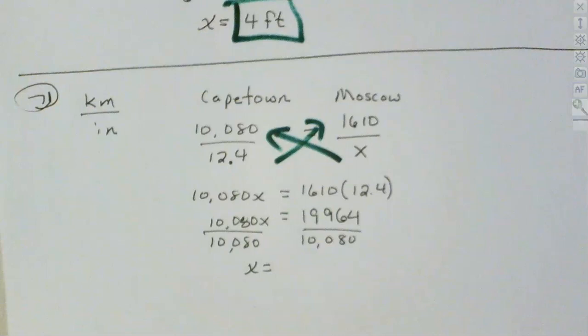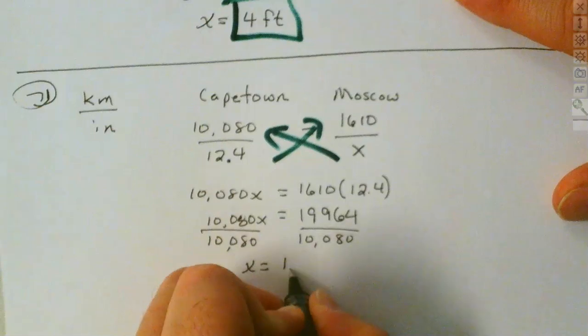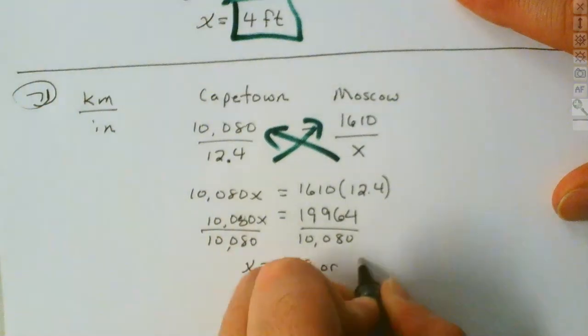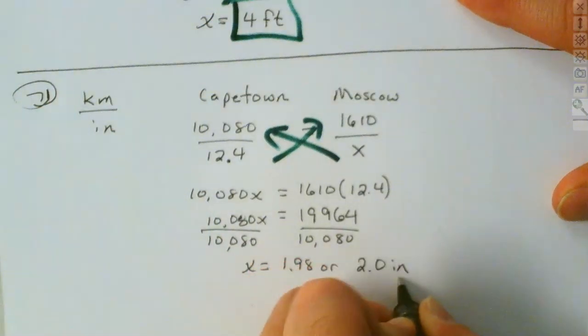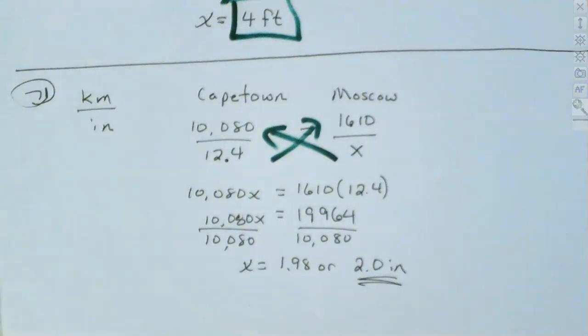They rounded the nearest tenth, so we'll keep it to the nearest tenth because they got 12.4. So we'll round this nearest tenth. So it looks like it's about 1.98 or about 2.0. About 2 inches on that globe. So all we did was we set up a ratio. That's it.